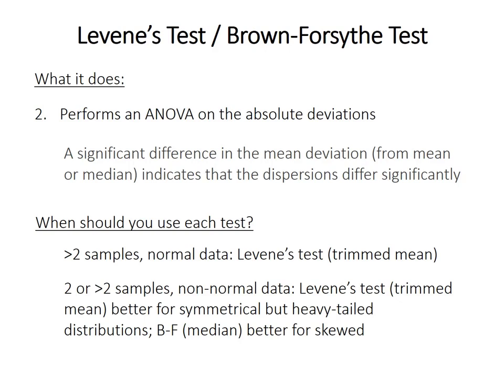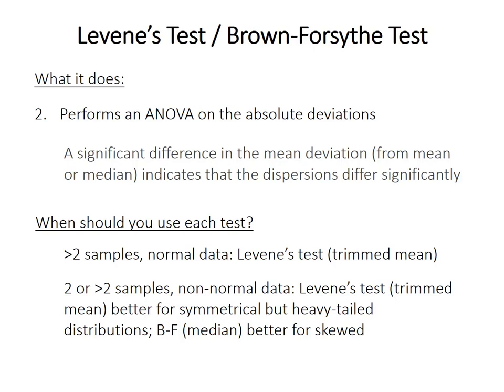So when should you use each test? Well, for more than two samples that are actually close to being normally distributed, you should still use Levene's test, even though the data are more or less normal. But if you have two samples or more than two samples with non-normal data, you have this choice. It seems to be a rule of thumb that Levene's test using deviations from the mean is best if the distribution is still symmetrical, but is what's called heavy-tailed, so flatter and with larger tails than a typical bell curve for the normal distribution.